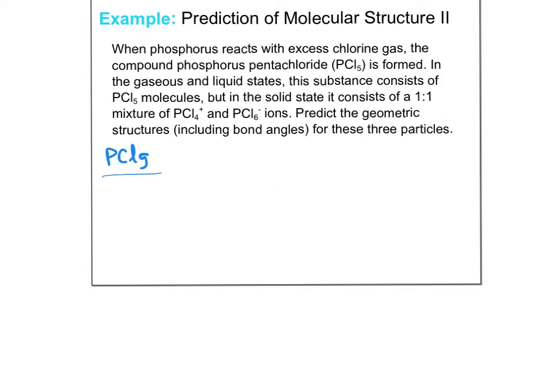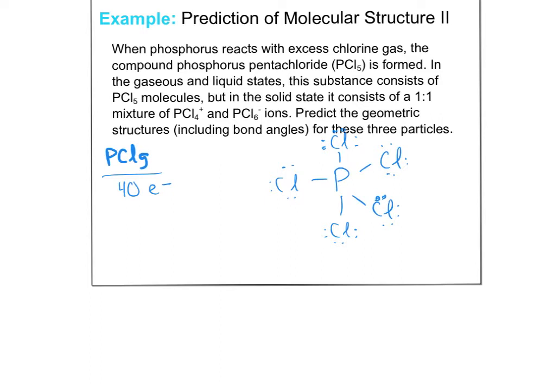Okay, PCl5 has 40 total electrons. Okay, so I'm just going to sketch this guy real quick. Okay, there's my PCl5.